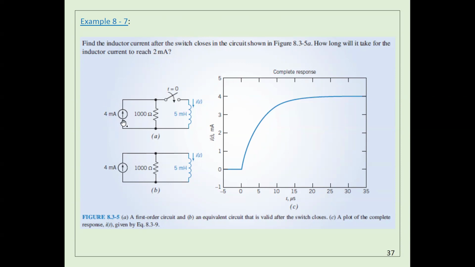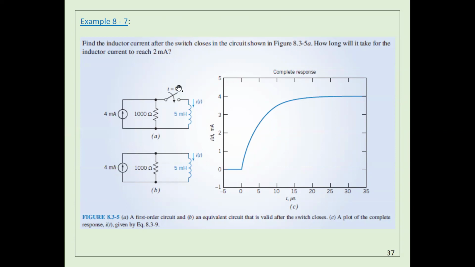So at time 0, all of IS is here. Then gradually, this current reduces and this current increases until this point, after the transient. After the transient, all the current comes here, 0 here. Makes sense? Because this one becomes a short circuit. Any question?